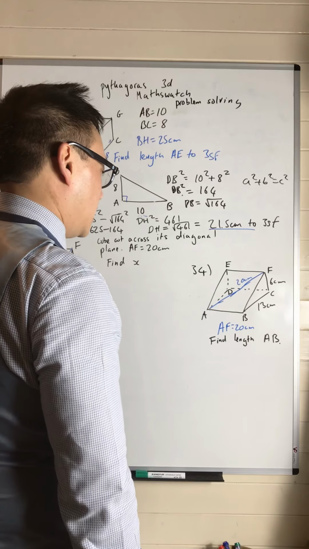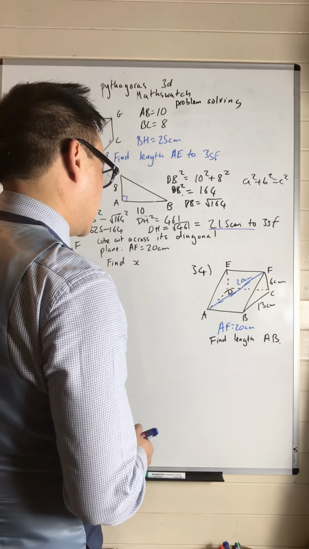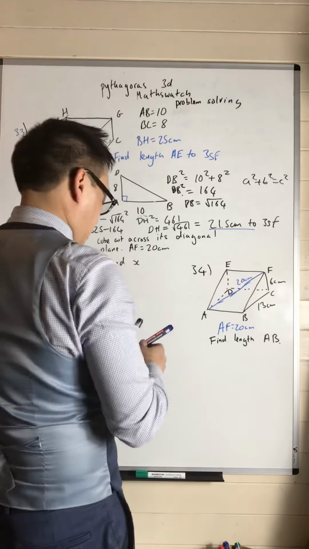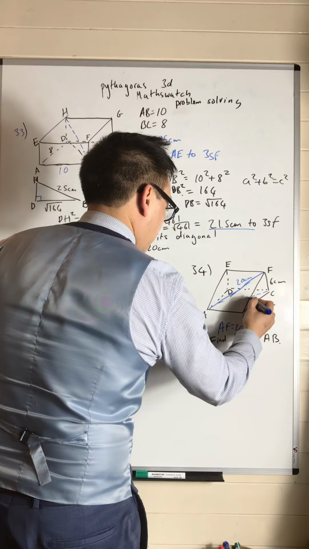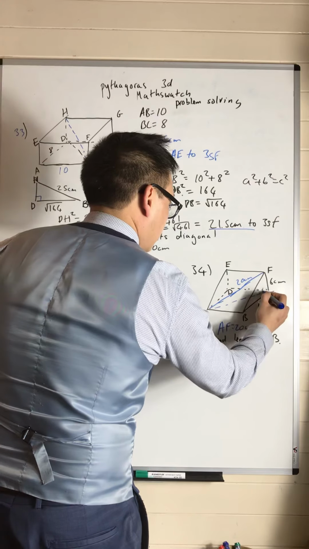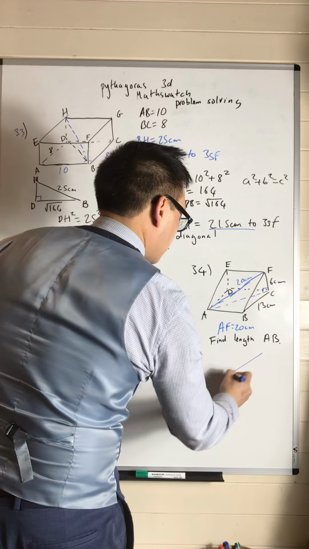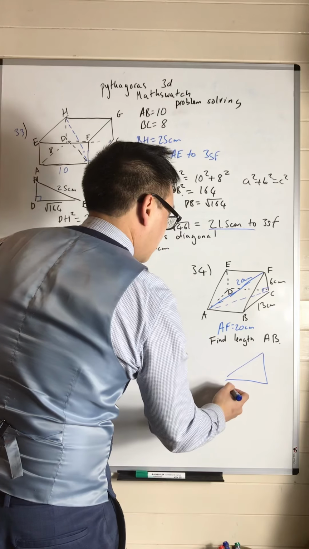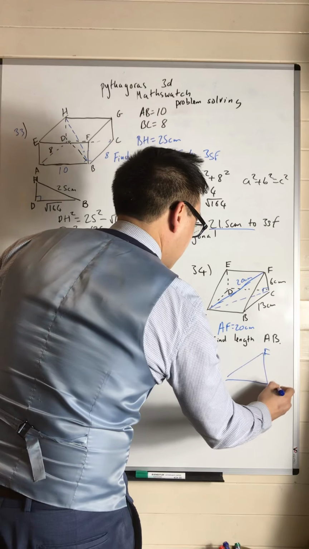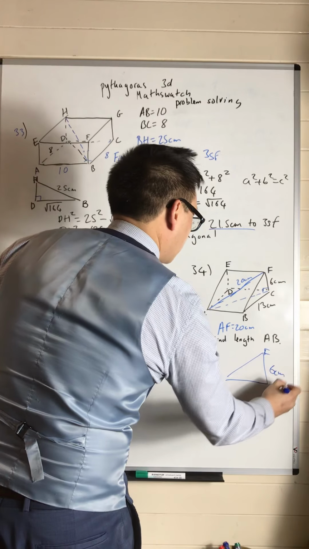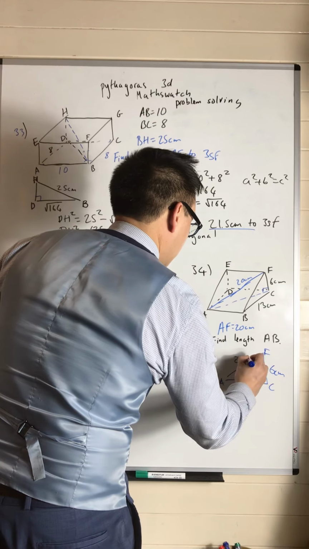Find length AB. Right, this is perfect because this 20 really helps if we create a right angle triangle here. So we've got AFC, we know that's 6 centimetres from the question, and that's 20 centimetres.